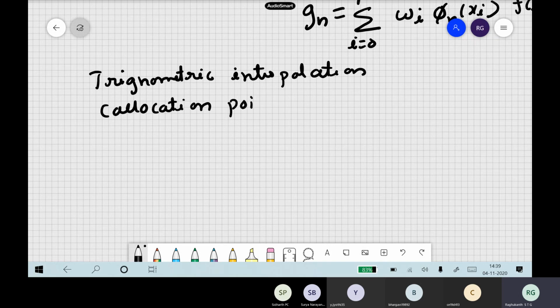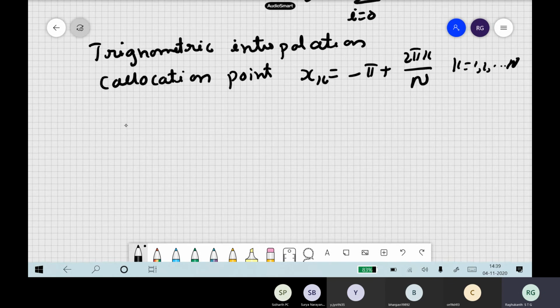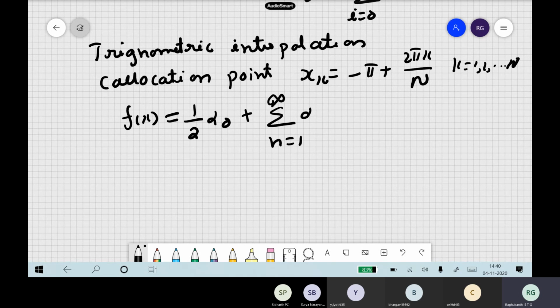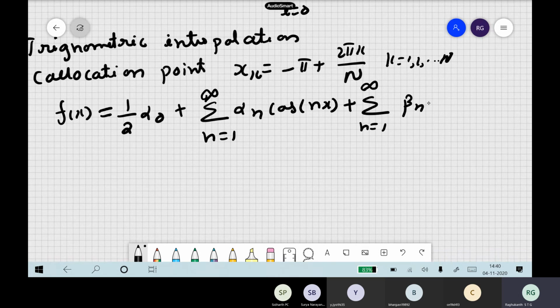Whenever there are periodic functions, you can take the collocation points to be equally spaced, as 2 pi k by n, with k equal to 1, 2, up to n. If I have the Fourier series representation of any function, it is half alpha naught plus the sum from n equal to 1 to infinity of alpha n cos of nx plus the sum from n equal to 1 to infinity of beta n times sine of nx.